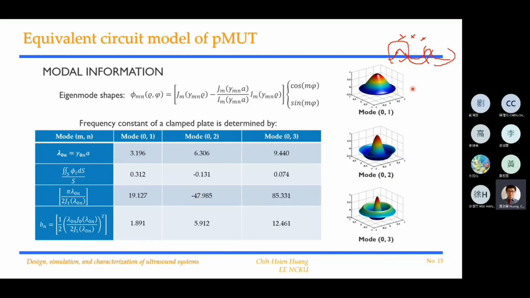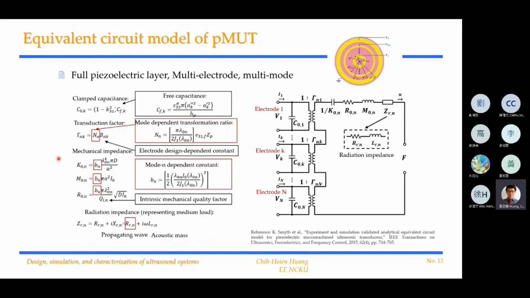We can use different orders of Bessel functions to represent these ideas. Then you can find different modes; you should count two different lambda values, as we mentioned before. Like here you have different lambda values, and you can see it all starts from 0, so it's from 0 and n, where mode n is probably 1, 2, 3, or maybe more.